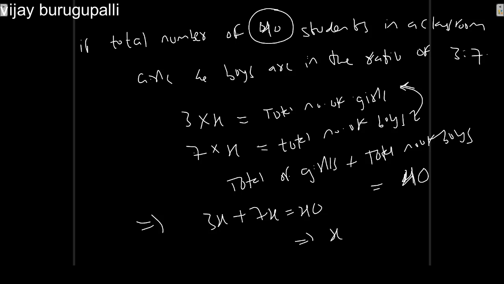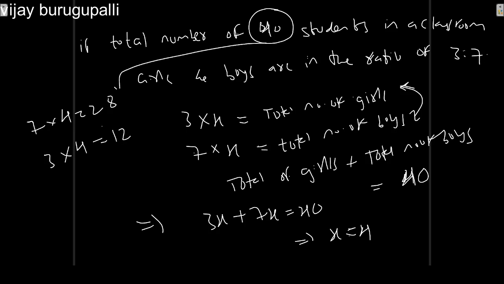If you solve this, we get x equal to 4. That means 7 into 4 is 28, and 3 into 4 is 12. So among the 40 students, 28 of them are boys and 12 are girls. In this way, we use the ratios concept in the GRE.